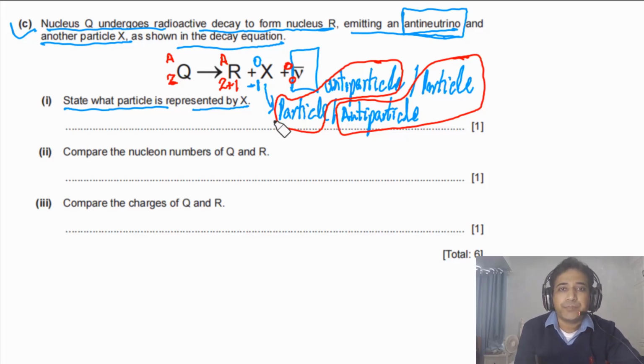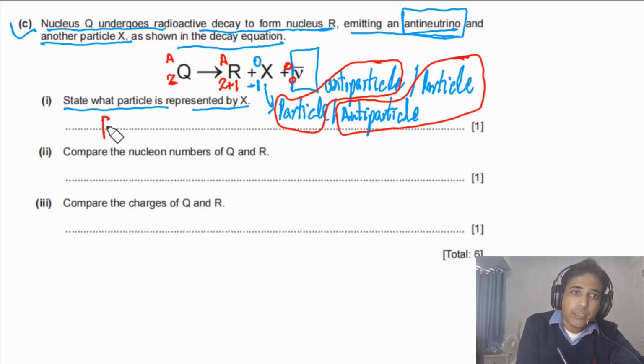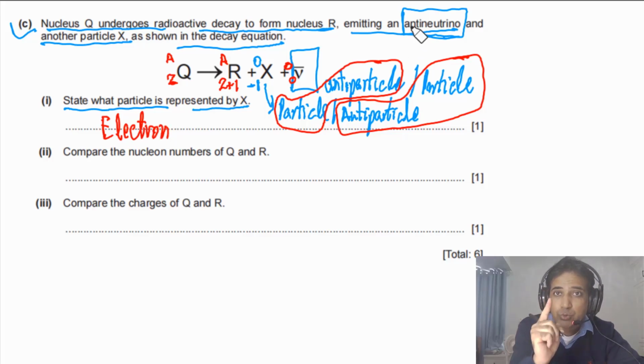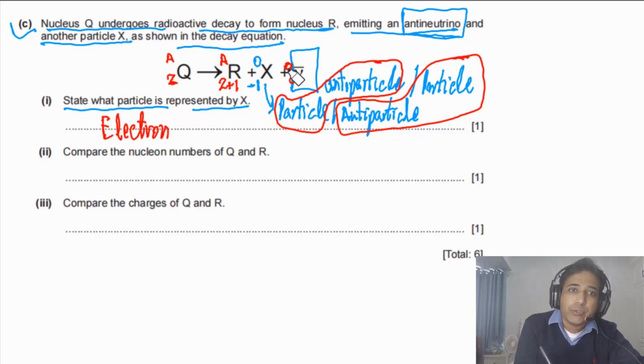So this is 0. Now the question is asking us, what particle is represented by X. So simply we can say this is an electron, because in this case an electron antineutrino is emitted, so this has to be a particle because this is an antiparticle. So simply you can write down electron.